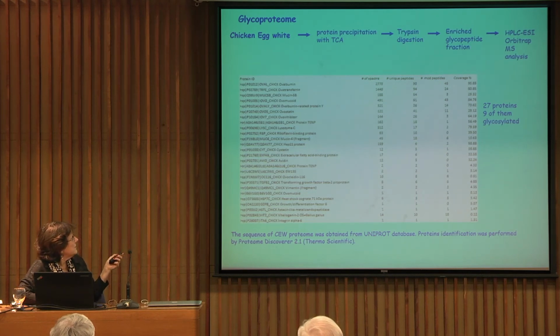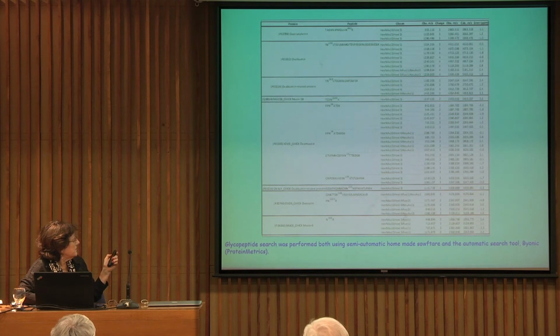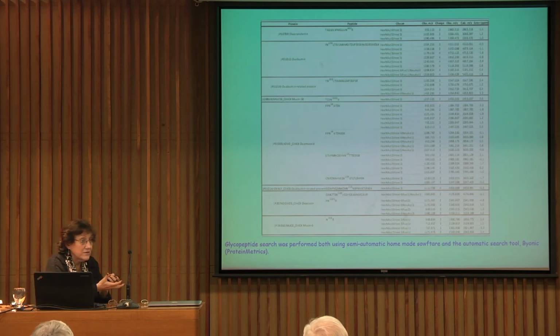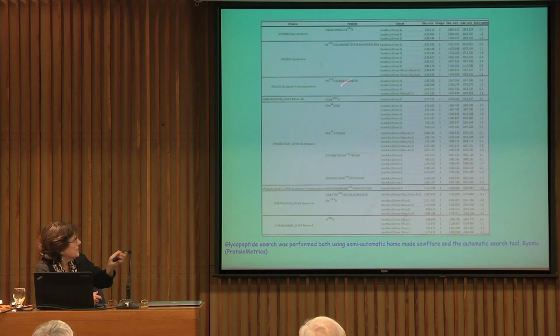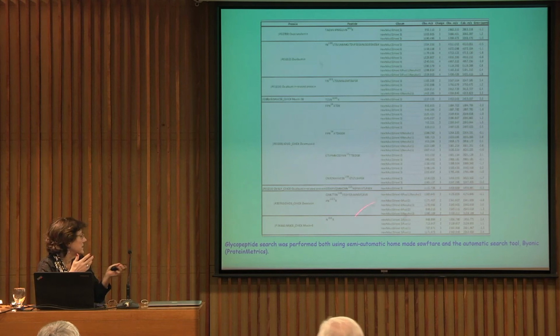And then we could detect not only the glycosylated proteins, here they are, ovotransferrin, albumin, or ovomucoid, that had not been determined before in a glycoproteome analysis, but also the peptides, that is to say the N-glycosylation sites, and all the glycoforms, each of them in each glycosylated site. This analysis was performed using a semi-automatic homemade software, and also was checked with Bionic, that is a database.